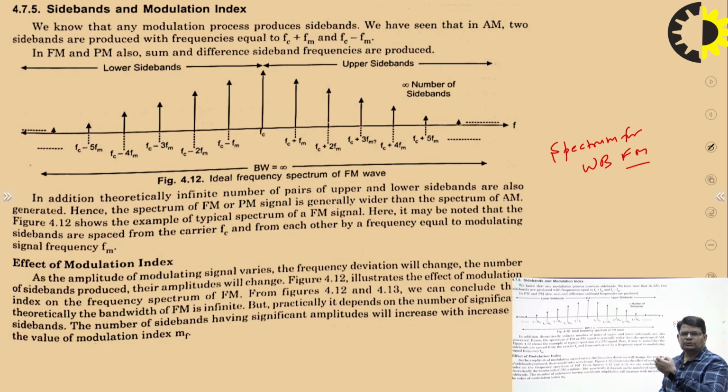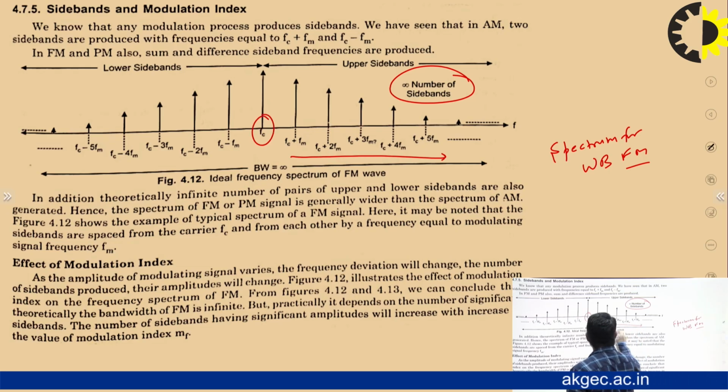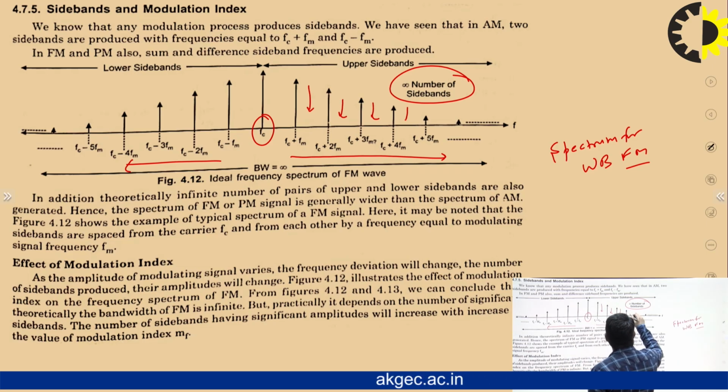If we plot the terms corresponding to the Bessel function or FM equation as shown in the previous slide, the number of sidebands is ideally infinite, and we can see that from the central frequency, as we increase the frequency, the magnitude of the sideband components keeps on decreasing.